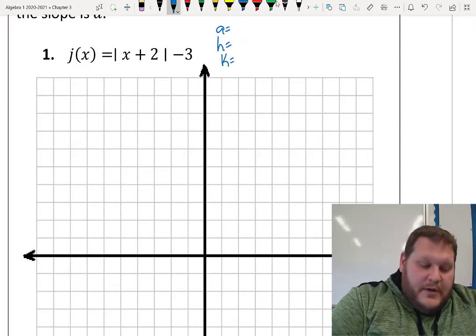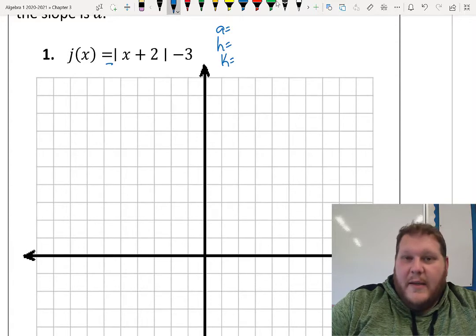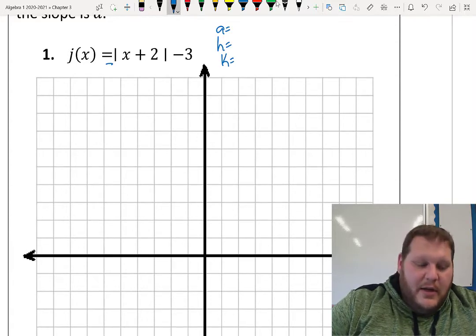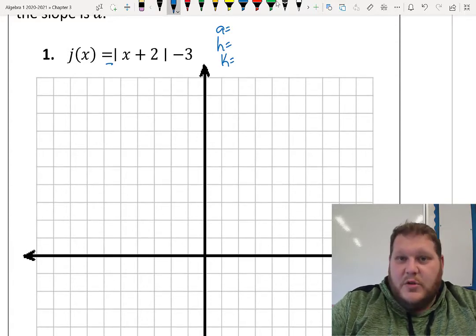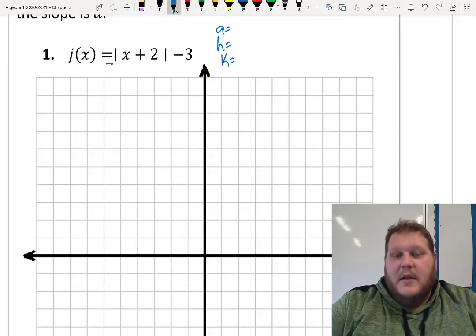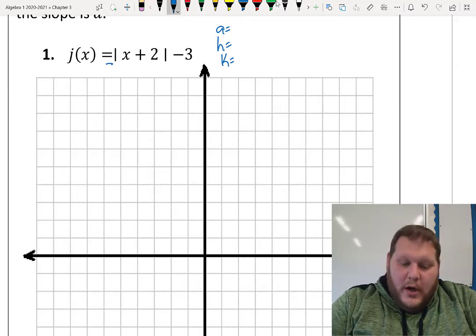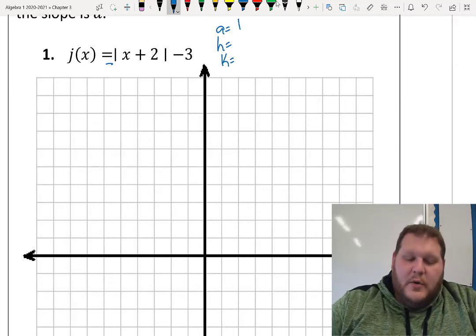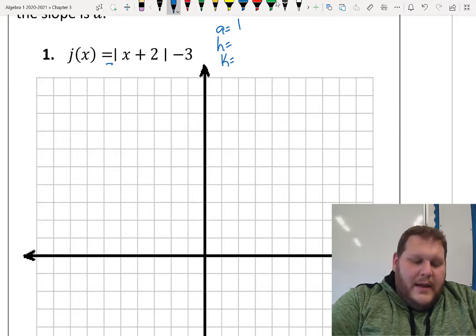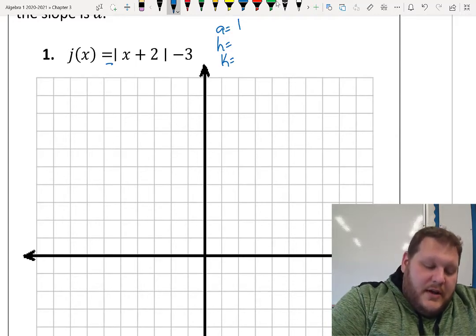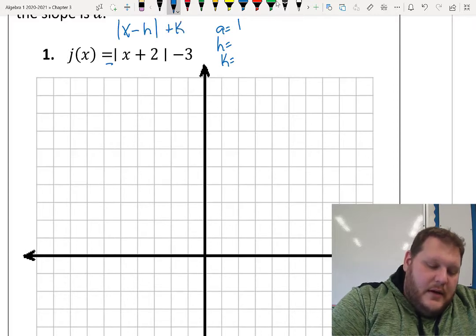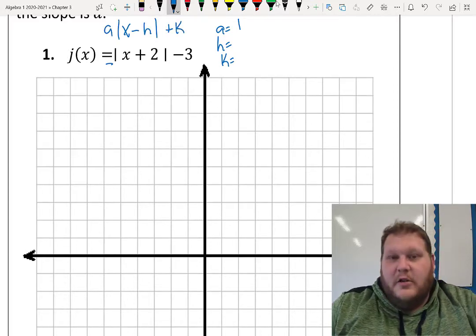And again, the number in front of my absolute value is my a value. Here we don't see anything, which we know from our equations when we're doing graphing lines. If I didn't see a value in there for m, we knew my slope was 1. So my a value here is +1. Now, the h value here is tricky because it's always x minus h plus k. And we can write that there as a little reminder.